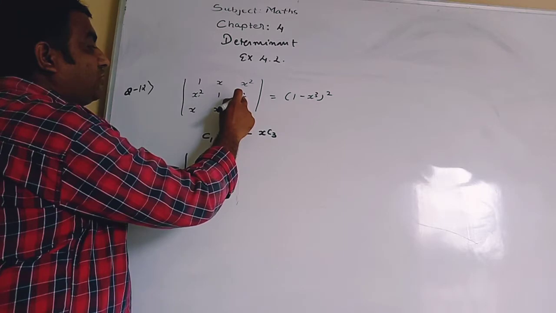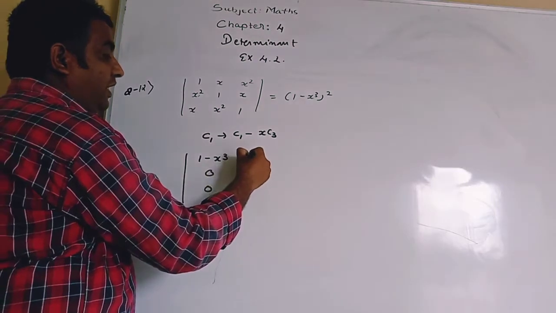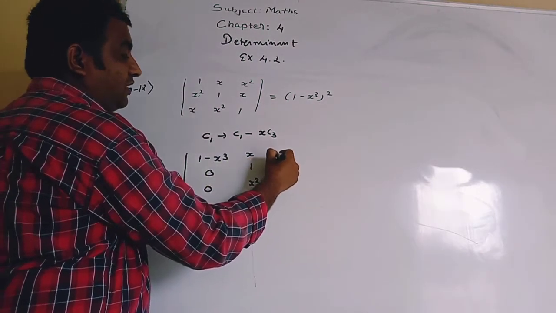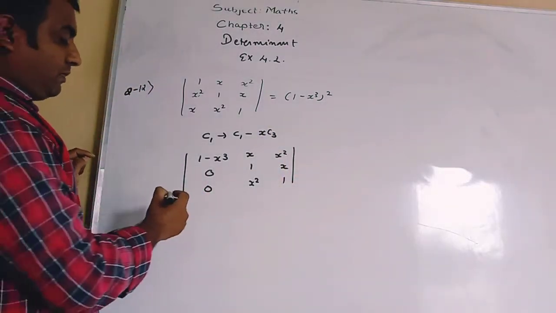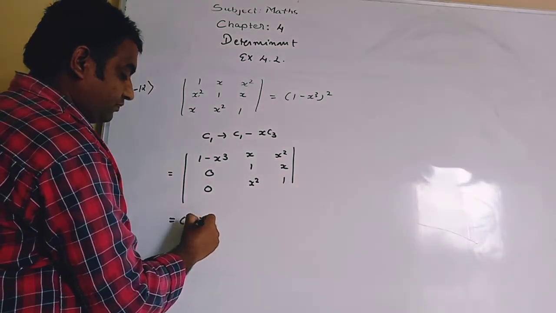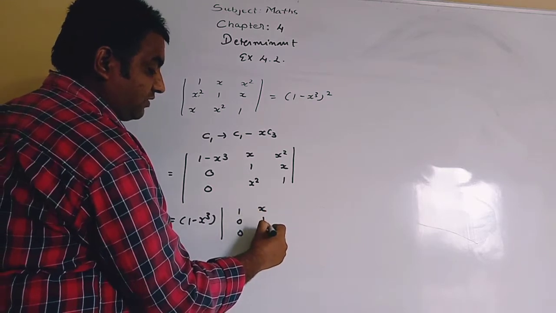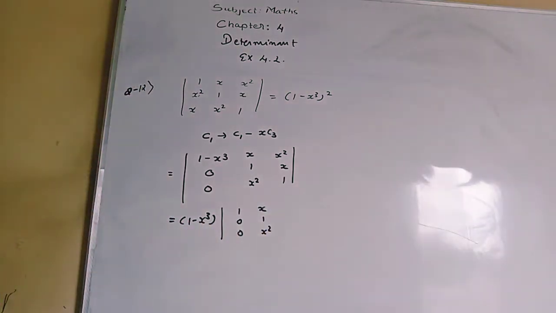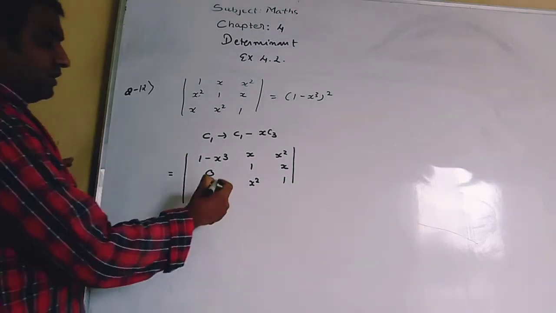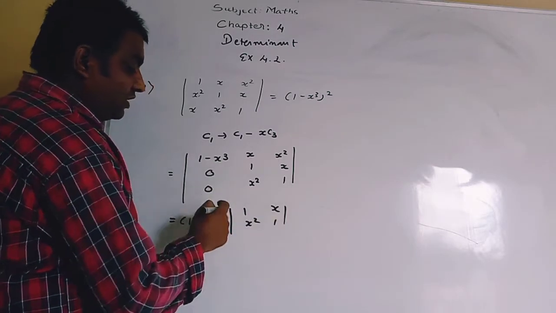Now x² − x² is 0, x − x is 0, and the third column is x², x, 1. So now 1 − x³ we take out common, then it is 1 0 0, x 1 x², and so on. We expand it with the 1 − x³, then we get (1 − x³) times the determinant 1 x², x 1, because other entries in the column are 0.